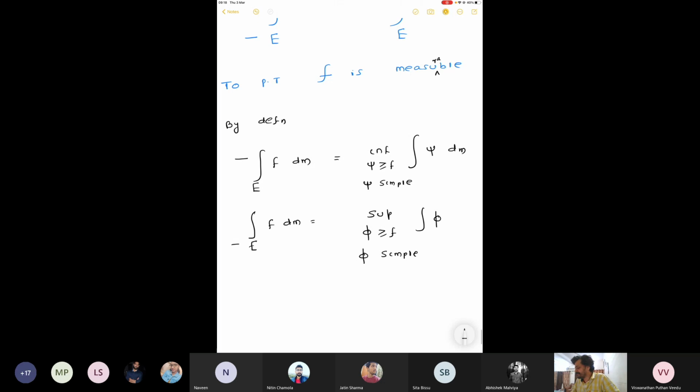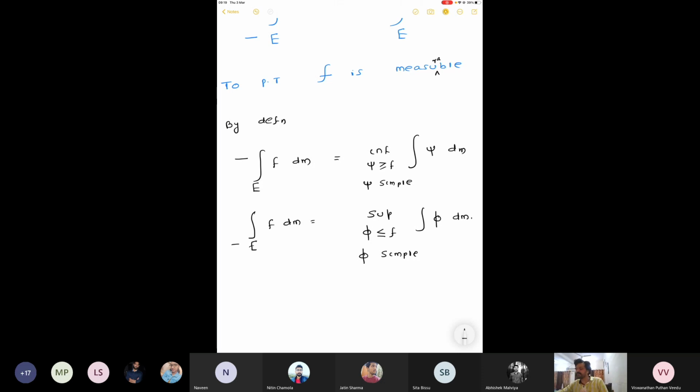Is that okay? Phi less than or equal to f. One is an underestimate and one is an overestimate, and then making this underestimate and overestimate better and better.